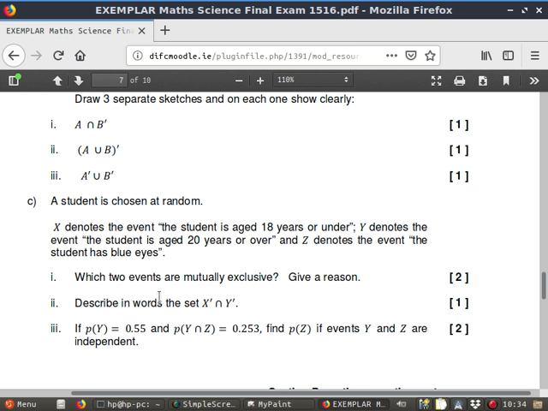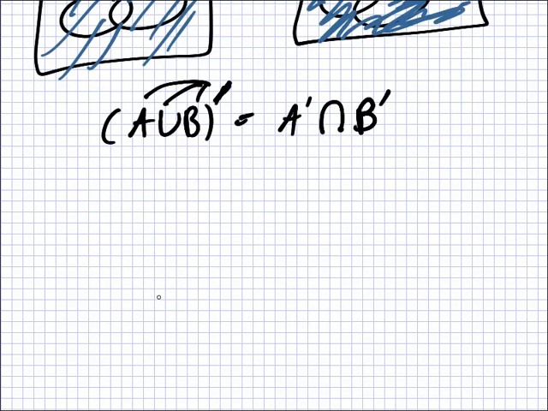Okay, let's see how we're doing. Right, that's been 5 minutes and a few seconds now. Oh, you should really be coming to the end of this, Amjad. Right. Event X are the students aged 18 or under. So the events that represent X are students aged 1 up to 18, including 18?